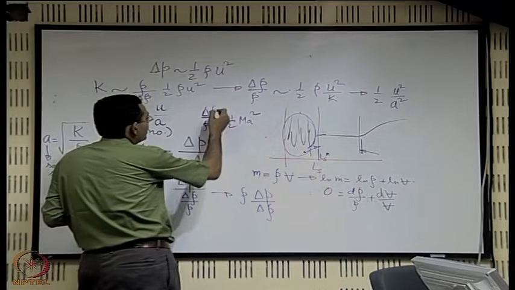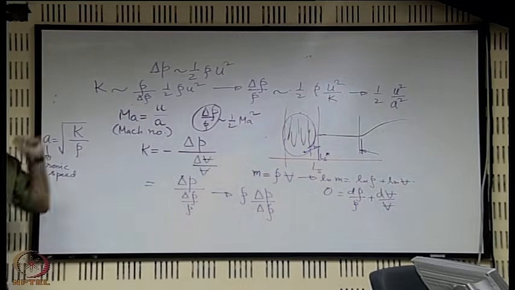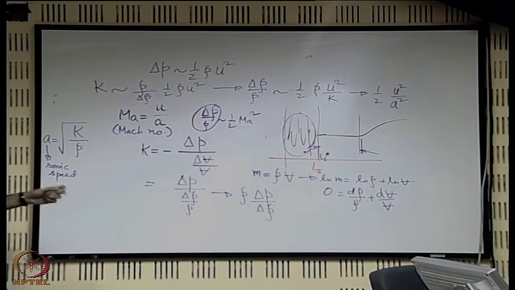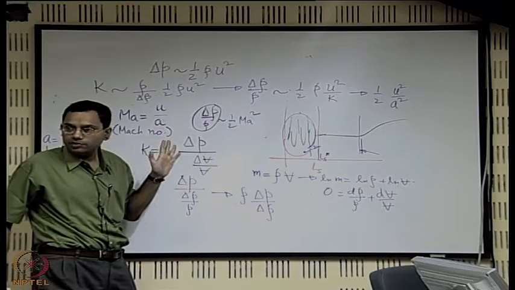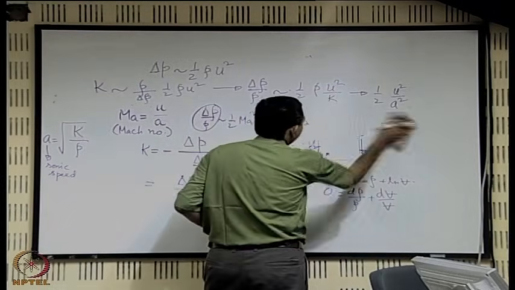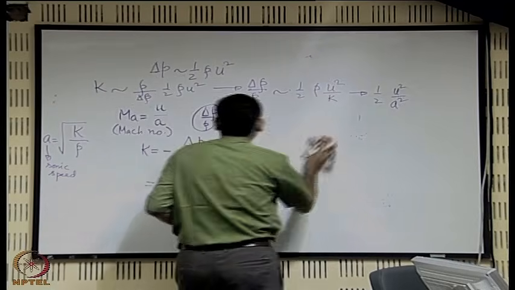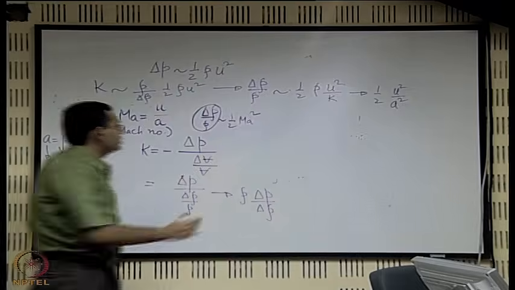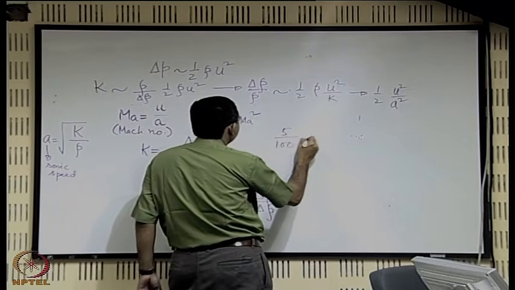Again, how small or how large, that is something which may be debated. So let us say that we are talking about this relative change, say 5%. So let us say that if this change is less than 5%, we say that it is almost incompressible. So if we want to see what will lead to that 5%, one may work it out with, say 5% means 5 divided by 100.